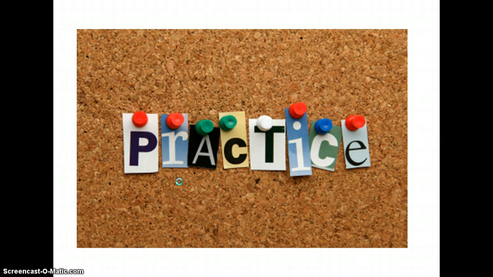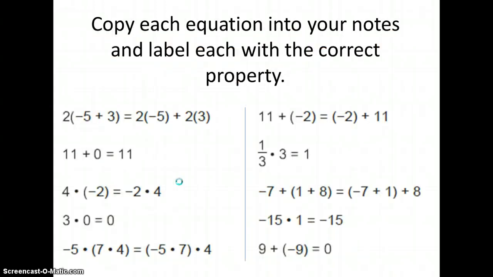Don't forget to WSQ in your notes and write each of these problems with their answers under your WSQ. Now copy each equation in your notes and label each with the correct property. Pause the video, or you can go back and watch any parts of this video that you need more help with.